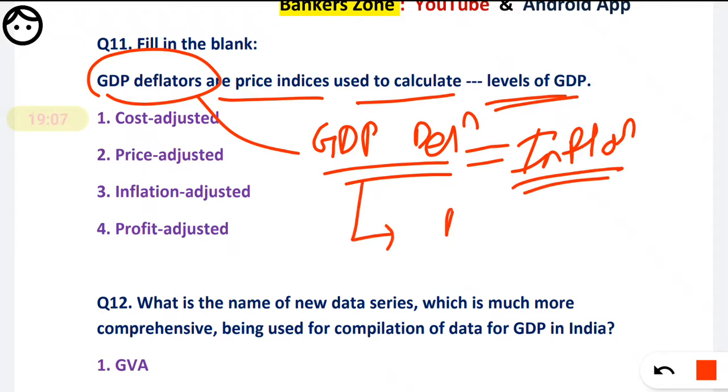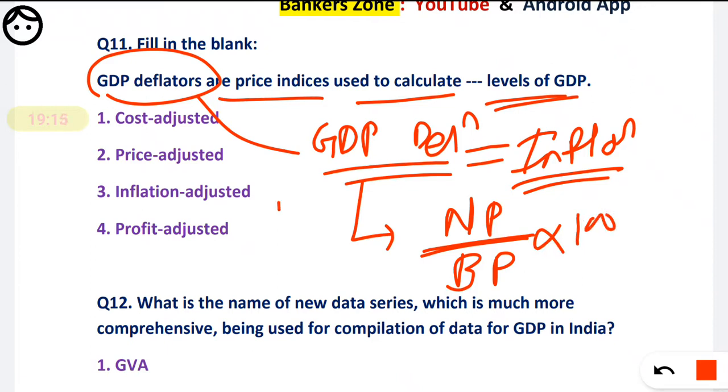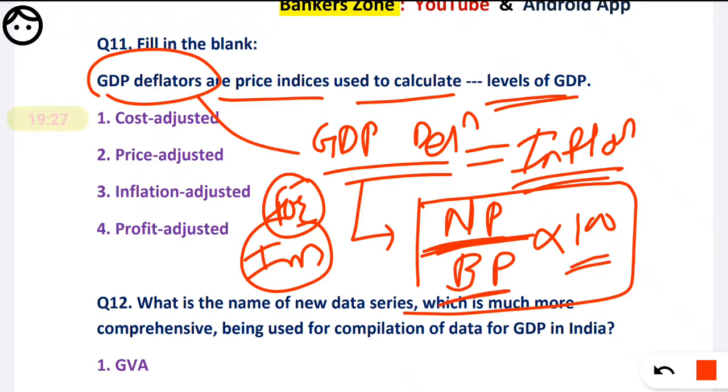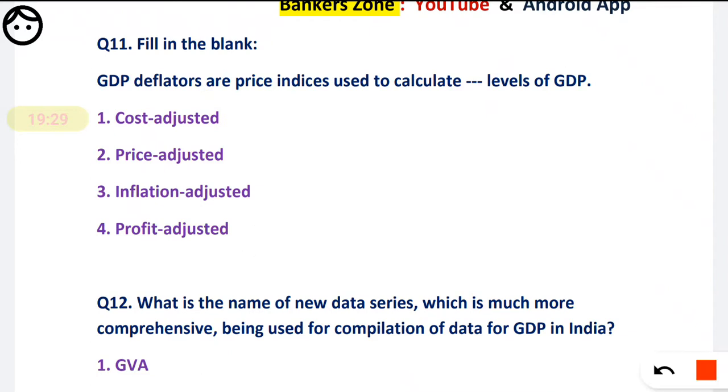It is nothing but the GDP at nominal price divided by GDP at base year price, multiplied by 100. Okay, this formula you have to remember, because they can ask a 1 mark MCQ based on that formula. So what will you mark here? GDP deflator considers the inflation.